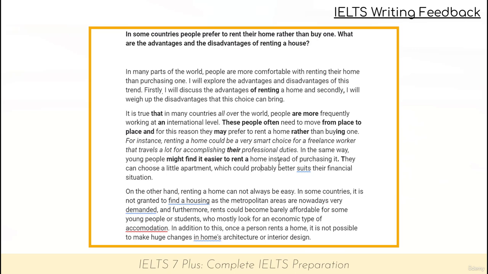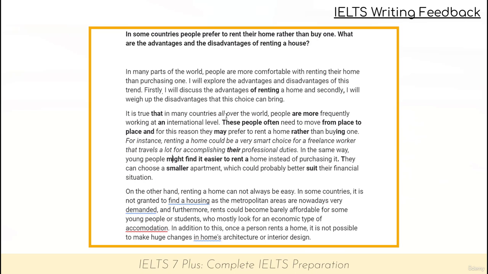More interesting? No, not really. They'll find it easier. In the same way, young people might find it easier to rent a home instead of purchasing it. They can choose a smaller apartment, which could probably better suit their financial situation. Okay, yeah, that's pretty good. There you go. So let's just have a read back through this supporting paragraph.